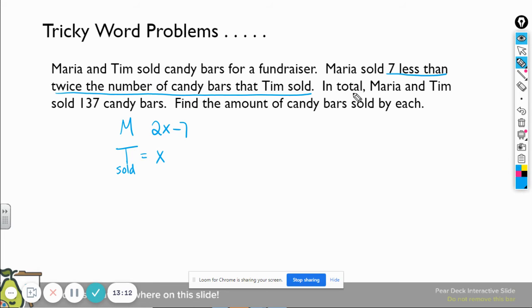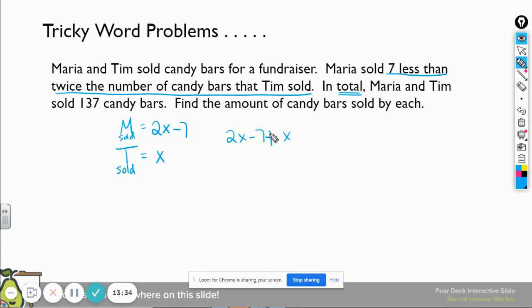Then I know that together, in total, if you added Maria and Tim together, you would get 137. So I'm going to take what Maria sold, and I'm going to take what Tim sold. I'm going to add them.